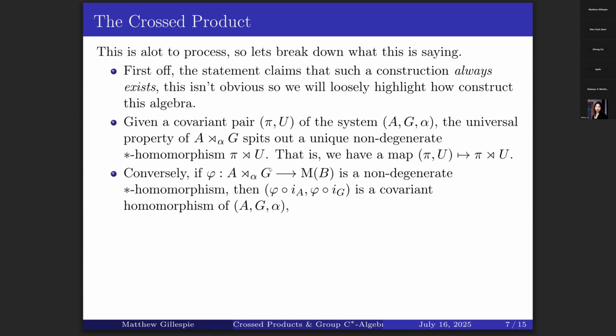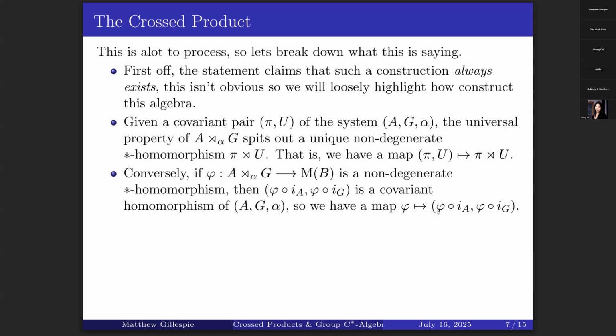Now, on the other hand, if I have any non-degenerate star homomorphism phi of the cross product into some C-star algebra B, then you can check that if I compose phi with i_A and I compose phi with i_G, this actually gives you a covariant homomorphism of A, G, and alpha. So I have a mapping that takes a representation of the cross product and sends it to a covariant pair of this system.